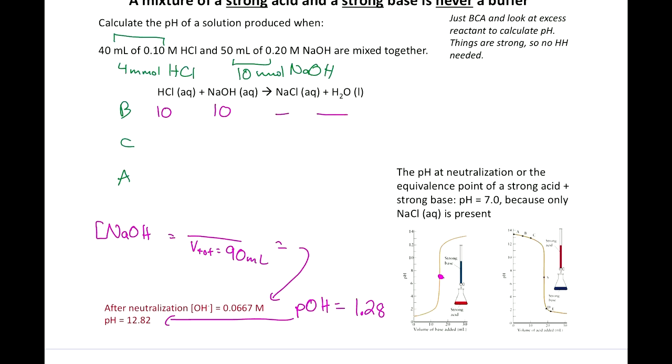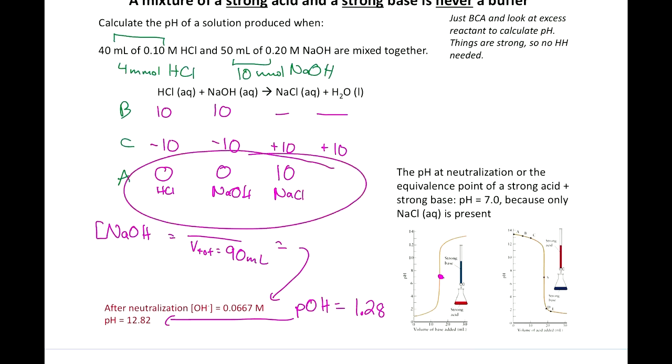What's my change line going to look like, left to right? Minus 10, minus 10, plus 10, plus 10. So after this neutralization, at your equivalence point, you have 0 HCl. You have 0 sodium hydroxide. But then you have 10 millimoles of NaCl, and then you have water.